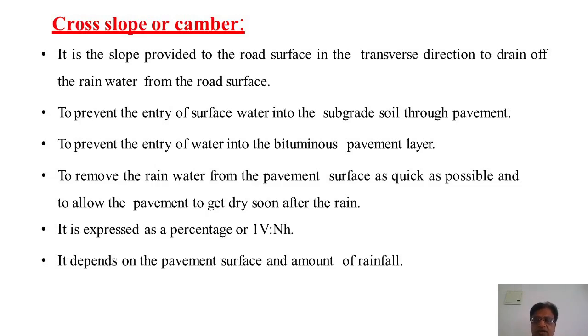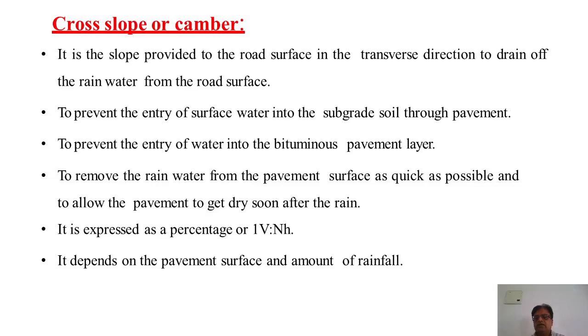It is nothing but raising the center line of the road with respect to the edges to prevent the entry of water into the bituminous pavement layer, so that you can protect the bituminous layer. It removes rainwater from the pavement surface as quickly as possible and allows the pavement to get dry soon after the rain.